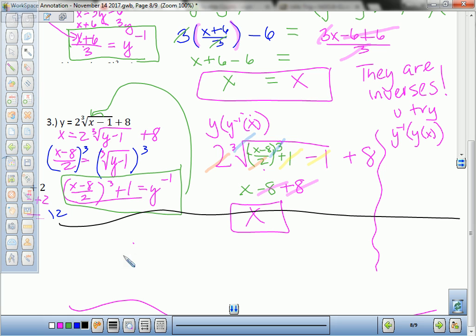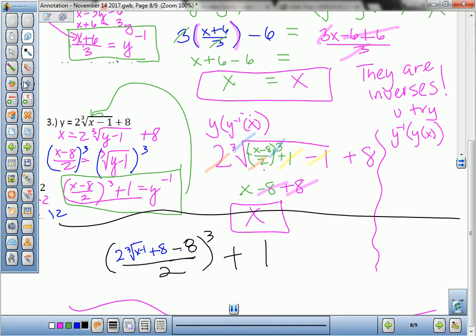So I'm going to write down Y inverse, and then I'm going to plug in Y. Because now you're plugging Y into the... Yes, that is exactly right.